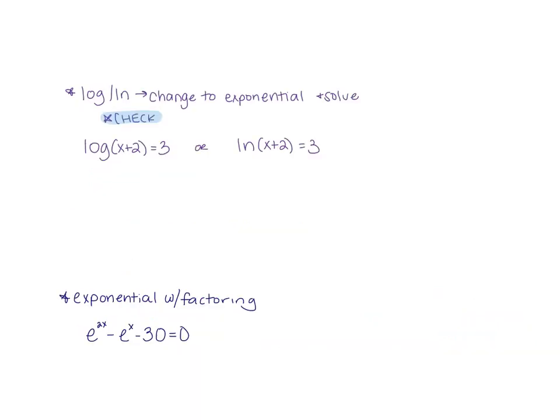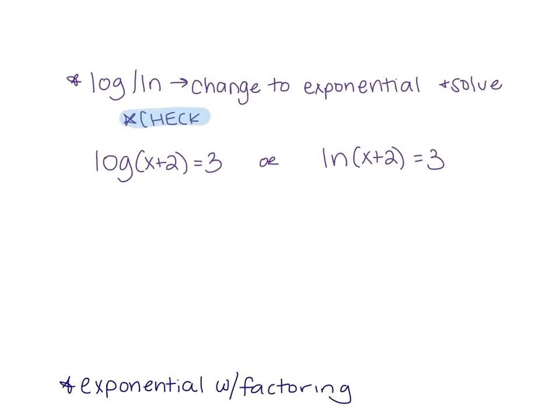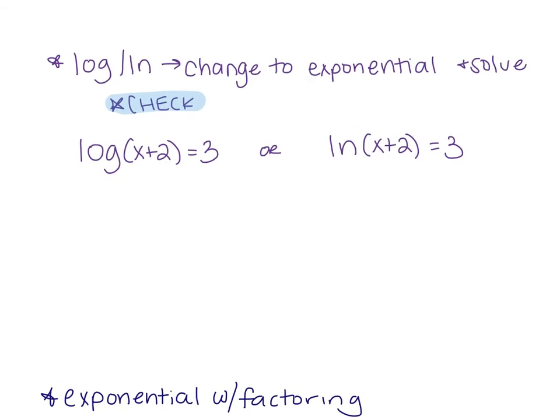And then we had logs or ln's. If there's just one single log or one single ln, you want to change it into exponential notation and then solve it. And again, these start off as logs or ln's, which means at the end you better check. So if I had log of x plus 2 equals 3, the base on that log is what? So this would be log base 10 of x plus 2 equals 3. 10 picks up the 3.